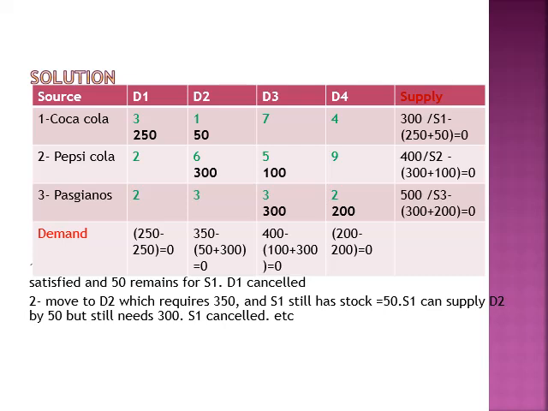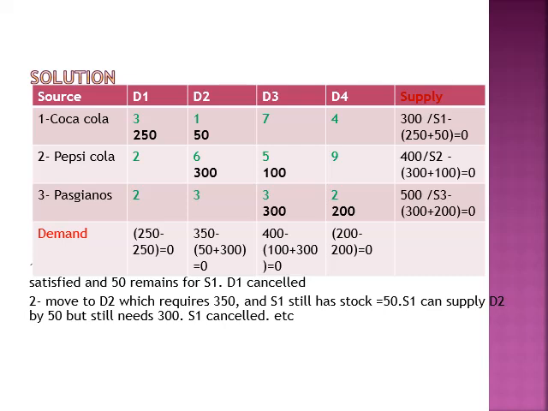But this 350 is now 300 only, because previously we satisfied D2 with 50 units from Coca-Cola. The remainder is 300 only.